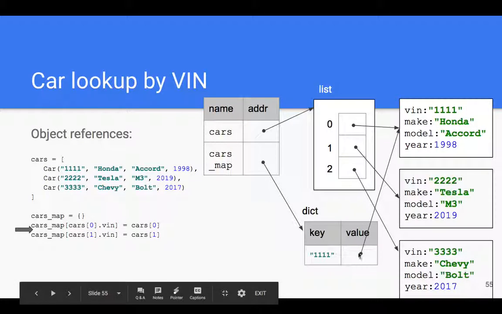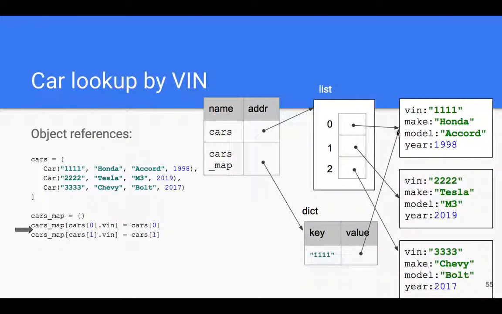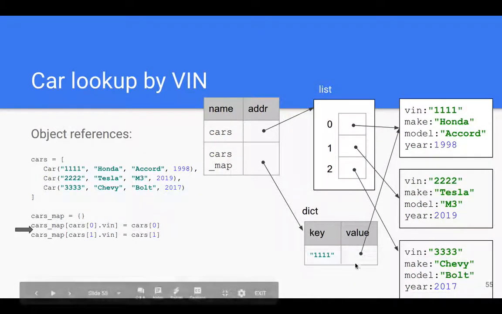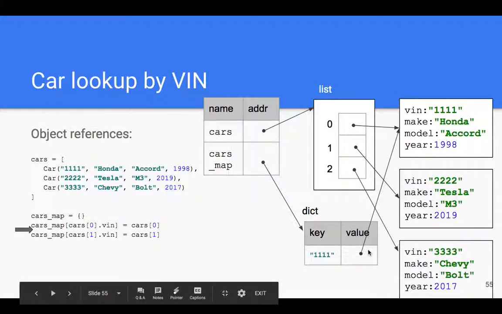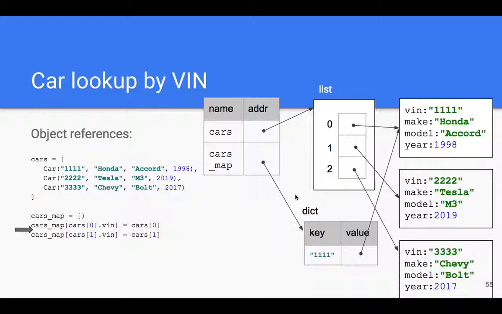That's why this picture ends up looking this way. We did not create a new car instance. The value associated with 1111 is pointing to the same car instance.